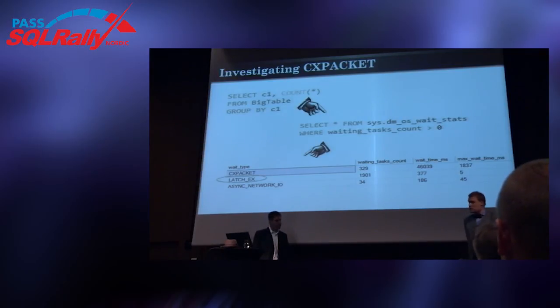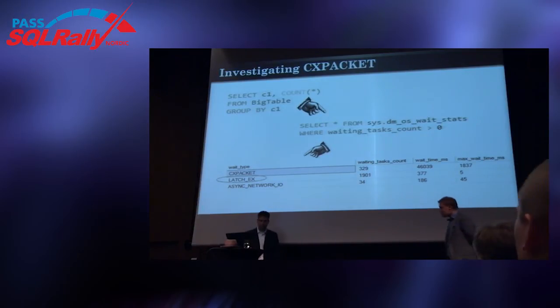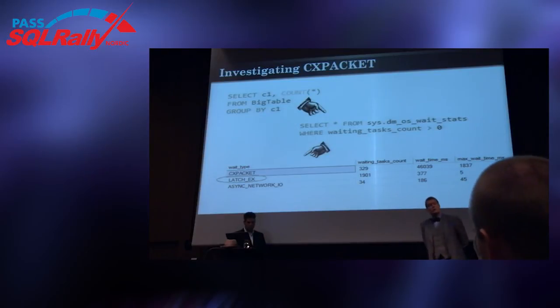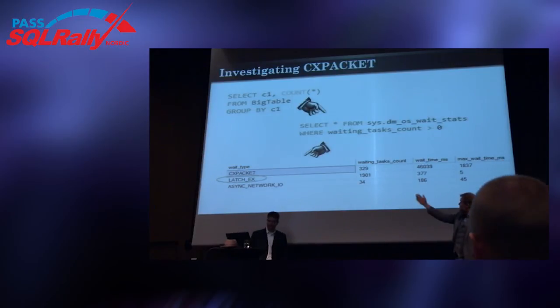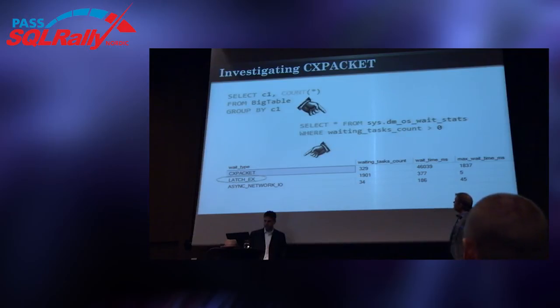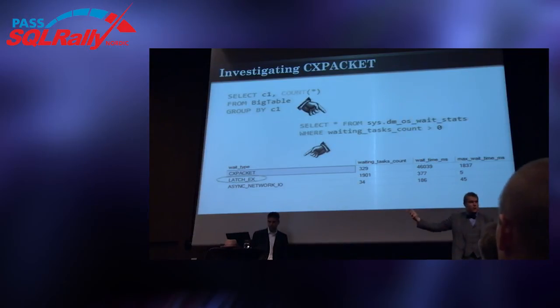So in the case of this insert statement that we saw before, the correlating wait could be latch EX, or for table scans in 2008 R2, you will often find this. Apparently this has been solved in 2012. We couldn't reproduce it, we tried. We will see that there's a CX packet wait, but there's also a latch EX wait that correlates with the CX packet. As CX packet goes up, so does this wait.